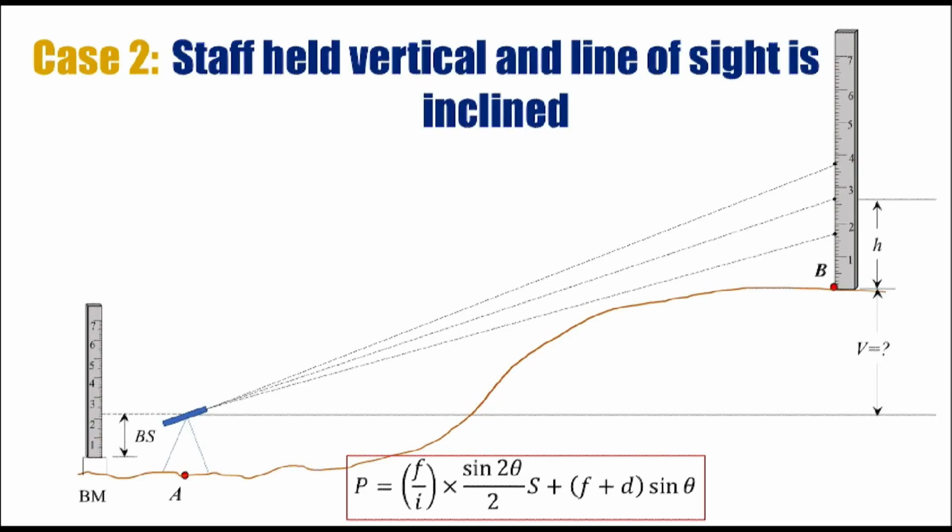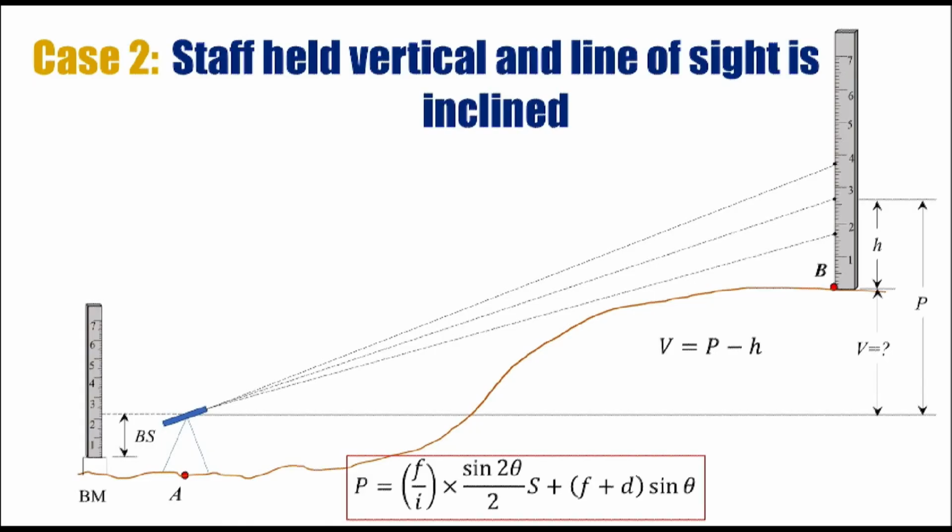H is the same, which is the central Stadia reading. Now P will be equal to the summation of V and H. So in this case the final formula for V would be P minus H. Again the same formula for P can be used, and H is the central Stadia reading, which can also be noted on field.